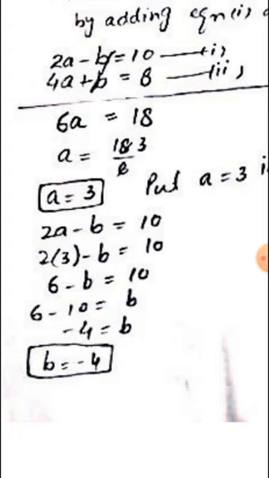So 6 minus 10 is minus 4 is equal to b. So the b value is minus 4. Hence the two values a and b are 3 and minus 4, where the a value is 3 and the b value is minus 4.